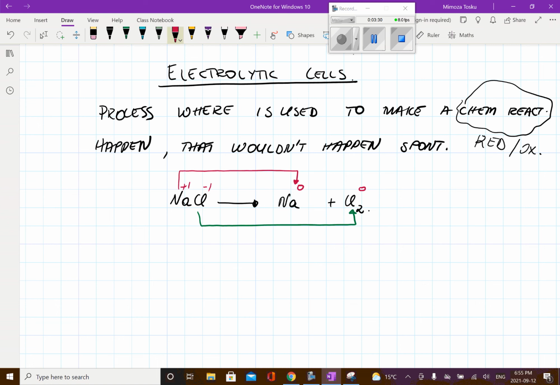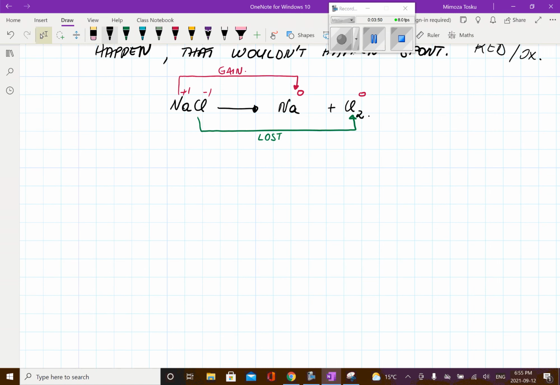What we see for sodium is that it is gaining an electron, and for chloride it is losing an electron. When gain and loss of electrons happen, remember what we have said, then oxidation and reduction is happening.